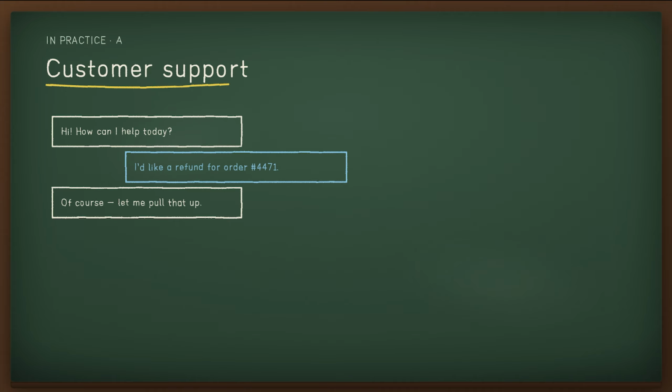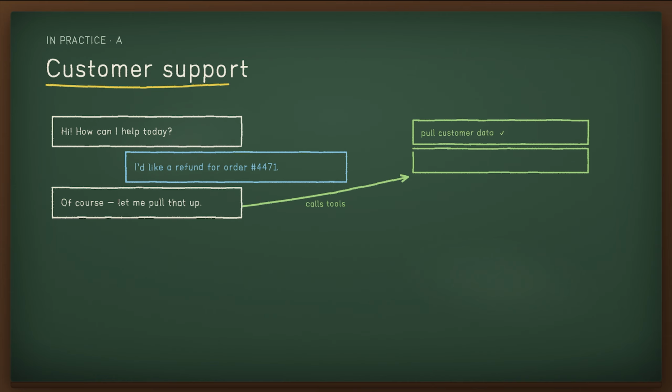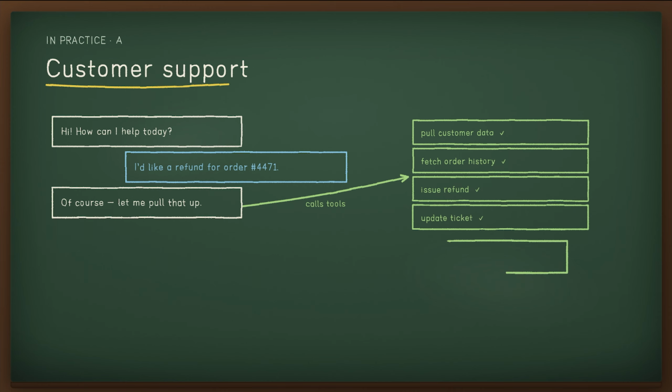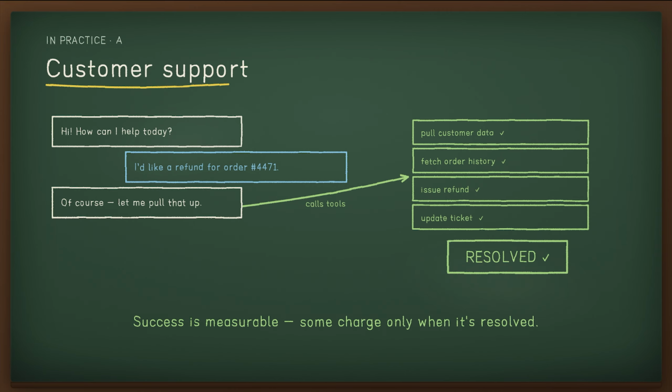Support naturally flows back and forth while needing outside information and actions. Tools can pull customer data, order history, knowledge base articles. Actions like refunds or ticket updates run in code. And success is measurable through resolutions. In fact, several companies now charge only for successful resolutions, real confidence in how well their agents work.